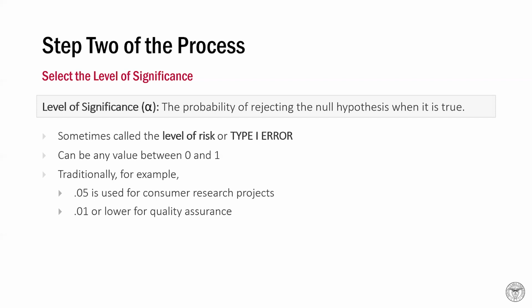The level of significance at 0.05 has been commonly used for many hypothesis tests, such as testing consumer preference in marketing research. But when we are testing for quality assurance, we typically demand a lower level of significance, such as 0.01 or even lower. For instance, in the Six Sigma theory, the level of significance can be lower than 0.001, or 0.1%.